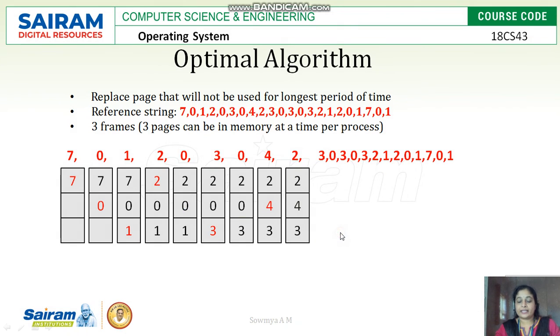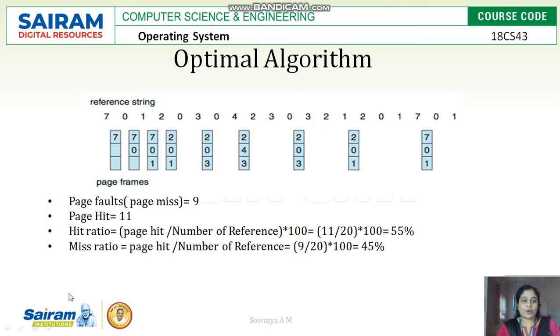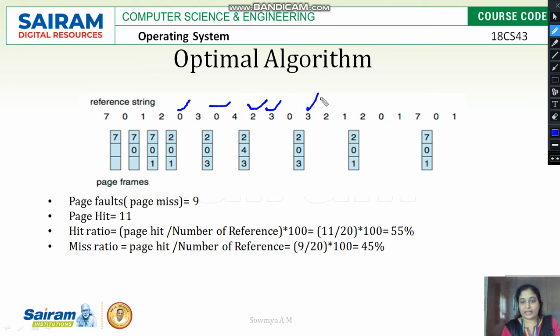To calculate the hit and miss ratio according to the optimal algorithm for the same string, the page hits are 1, 2, 3, 4, 5, 6, 7, 8, 9, 10 and 11.